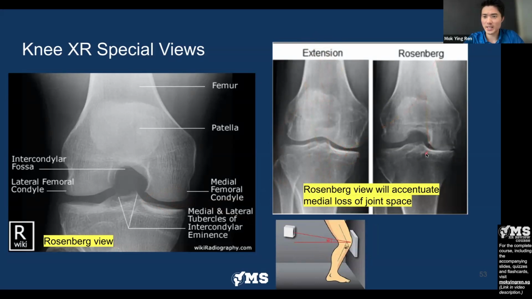But when we ask the patient to flex a little and we shoot the X-ray again, we can see that there's definitely bone-to-bone contact over the medial compartment. So the Rosenberg view can be used in decision making for certain surgeries in orthopedics. You probably will not be ordering this X-ray on your own, but it will be left for the specialist.